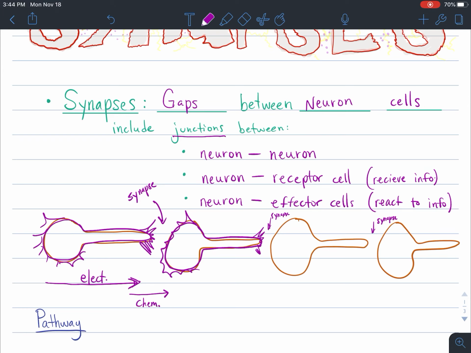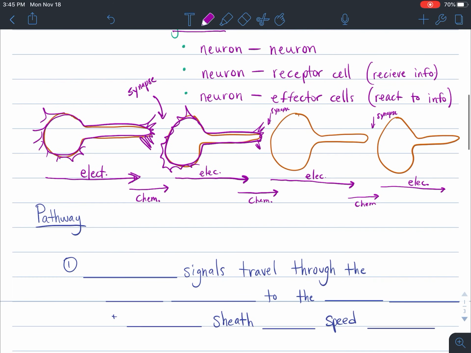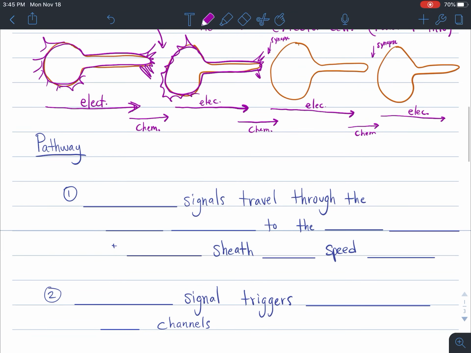That chemical signal is received by the next neuron, converted into an electrical signal, and then turned into a chemical signal so it can be transferred to the next neuron, and so on and so forth. So how does that happen?